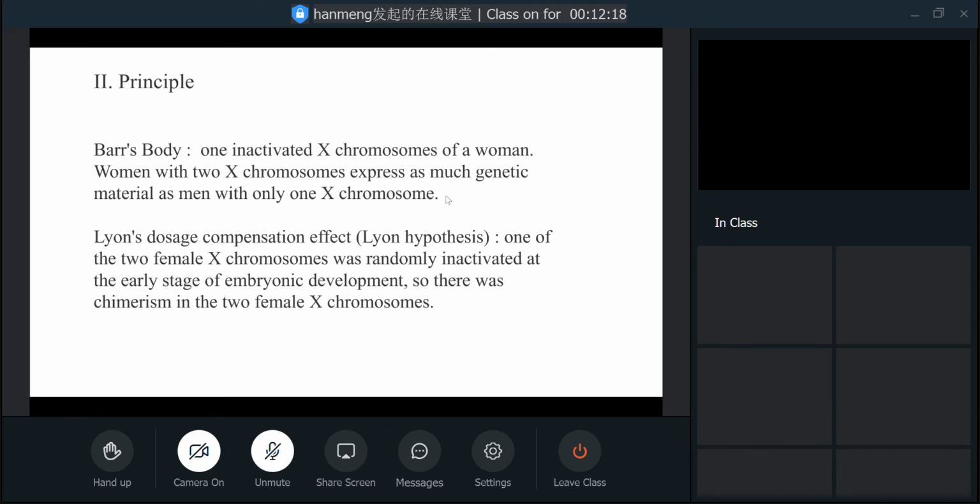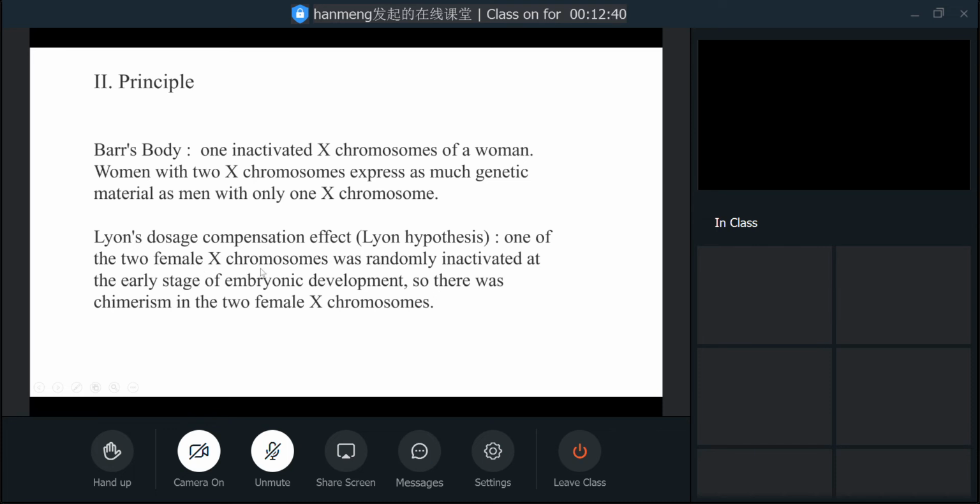Lyon provided a hypothesis, the Lyon hypothesis, also known as Lyon's dosage compensation effect.